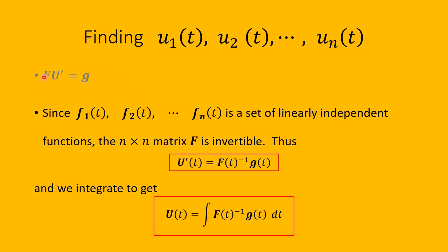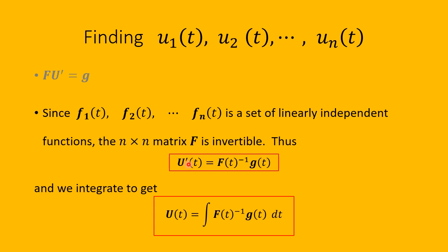So just multiply this equation up here, left and right sides of this equation, on the left by F inverse. F inverse F u prime is just u prime. F inverse times g is just F inverse times g. So what we get is u prime of t is F of t inverse times g of t.